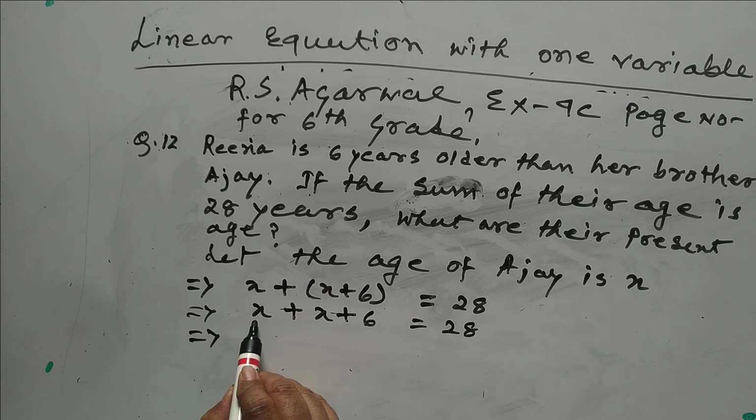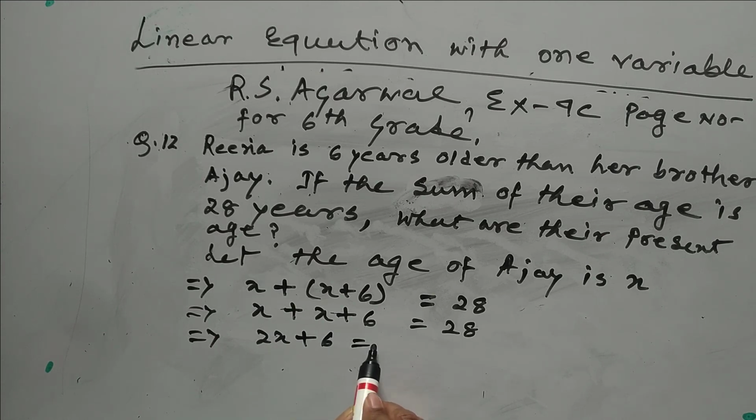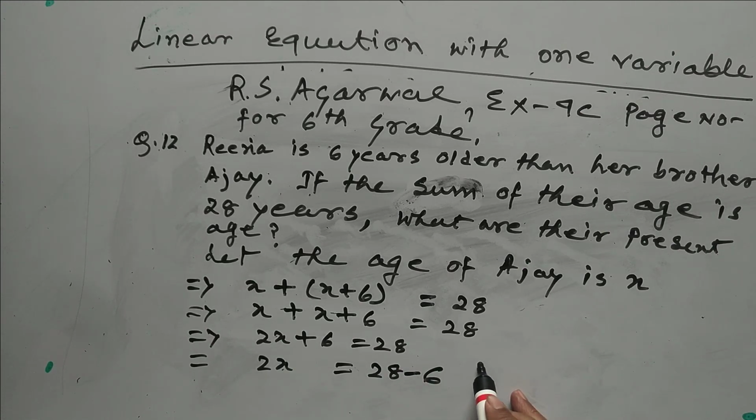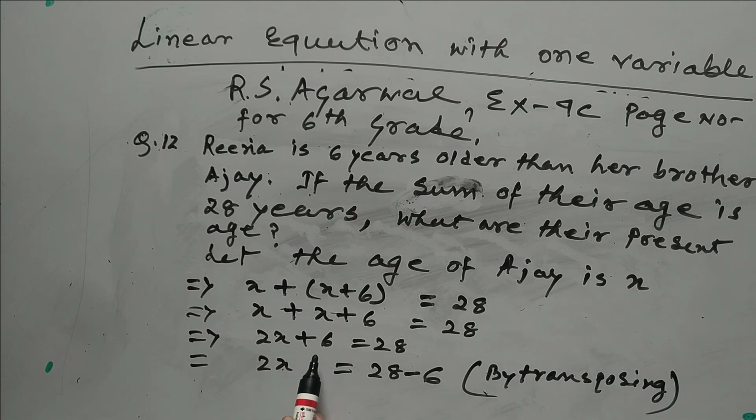Now x plus x, 2x plus 6 equals 28. Now 2x equals 28 minus 6, by transposing. Here it is plus 6.